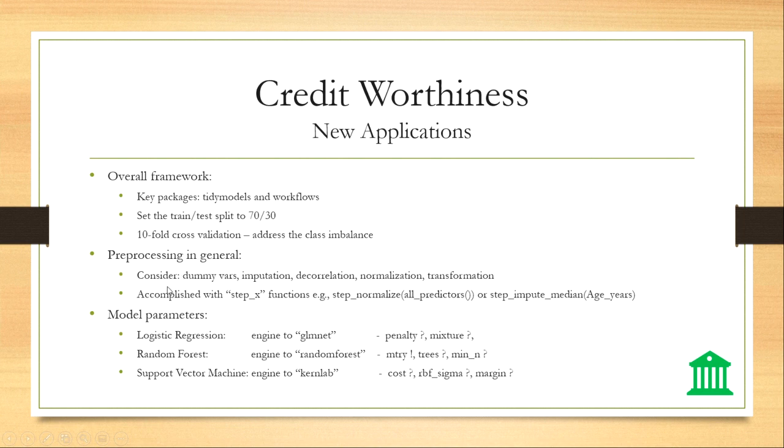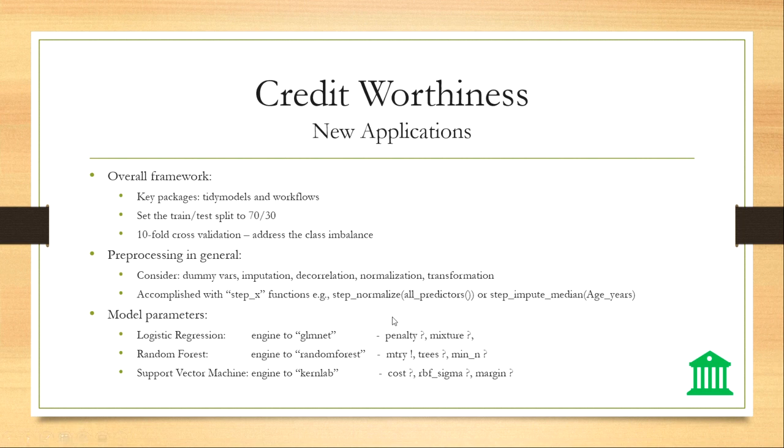Pre-processing in general, need to consider dummy variables, imputation, decorrelation, normalization, and transformation. We're going to accomplish all of this, not necessarily all of these considerations in every model, but generally speaking, we do this with step X functions. For instance, support vector machines are working now in a hyperspace or hyperplane, so distance is important, so we need to normalize.